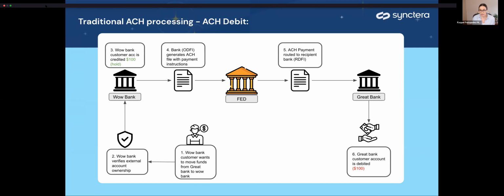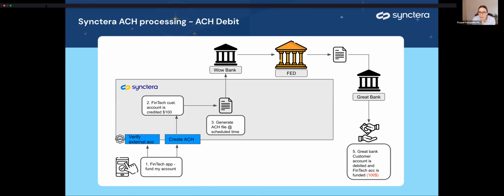So as a fintech, it takes effort to come into the system and exchange payments in NACHA. So when we thought about it at Synctera, we were thinking, how can we streamline and make this process as simple as possible for fintechs? And this is how we came up with our ACH product.